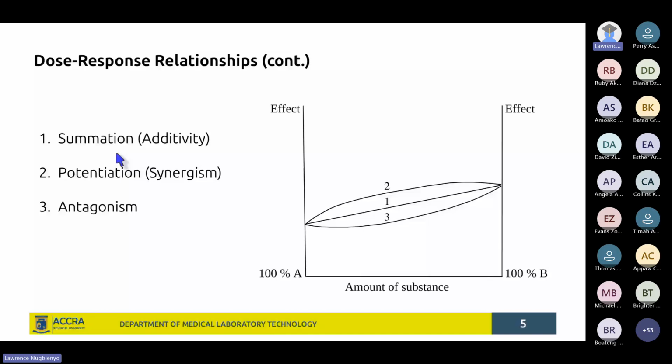That's to say that when you have two substances put together, both of them will have a summative or additive effect, like a combination of the effects that they are having. That is represented with curve 1. So you have that effect increasing gradually, sort of linearly, proportionally.